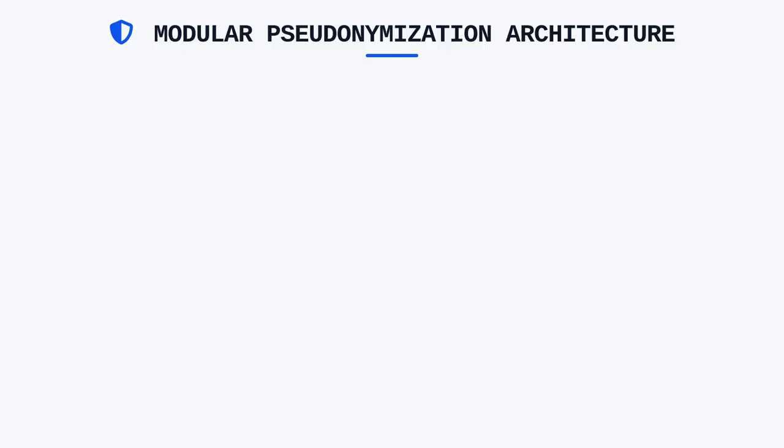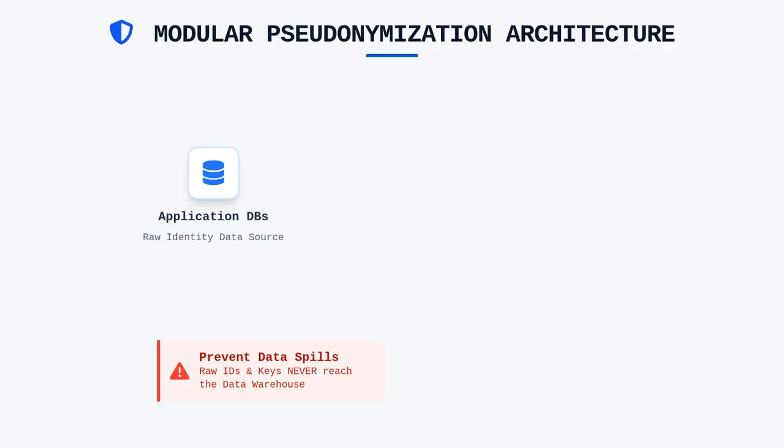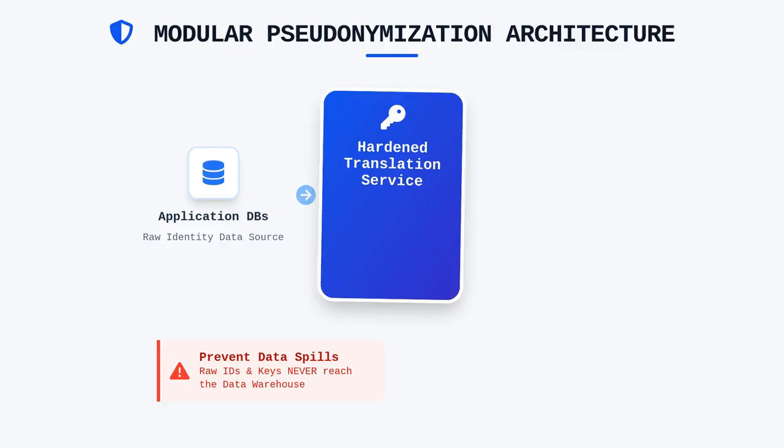The actual infrastructure supporting these pseudonyms needs to be modular to prevent what we call data spills in the analytical layers. Your primary application databases should feed identity data into a dedicated, hardened translation service that manages the HMAC operations and maintains the secure vault of keys.